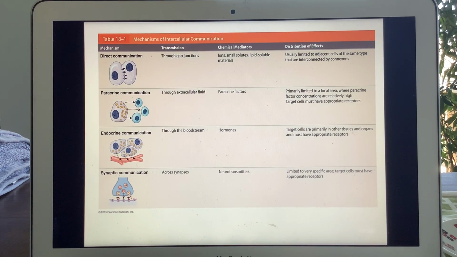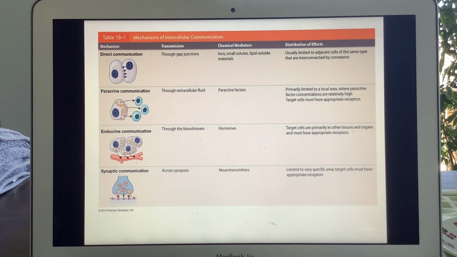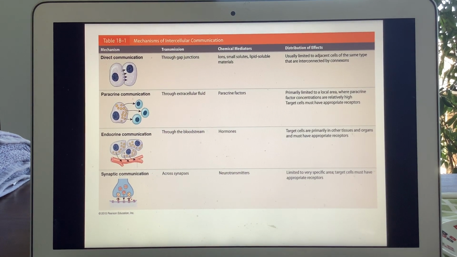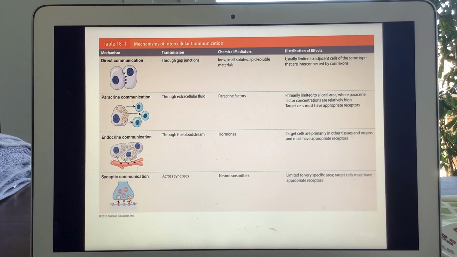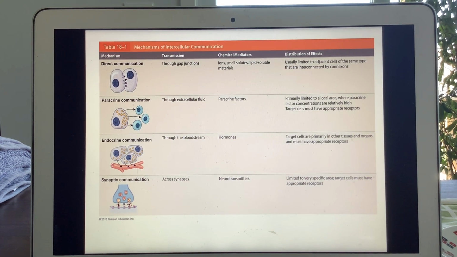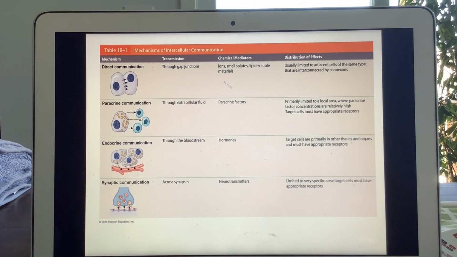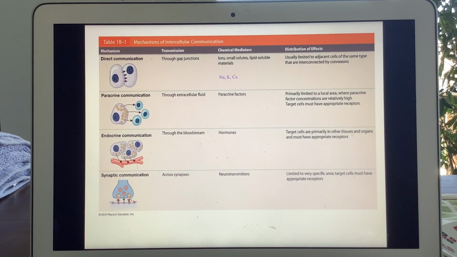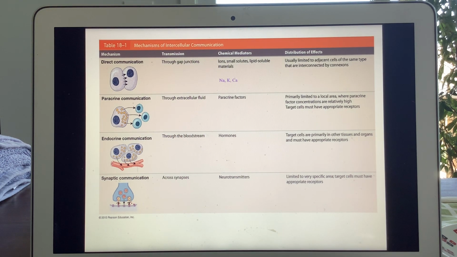Through those gap junctions, we have chemical mediators that are going to be either ions, which you know mean electrolytes in biology, or we just talk about them as charged particles, small solutes, or lipid-soluble materials. So now you can see that when we talk about gap junctions, we're talking a lot in 176 about the 3 big ions: sodium, potassium, and calcium.